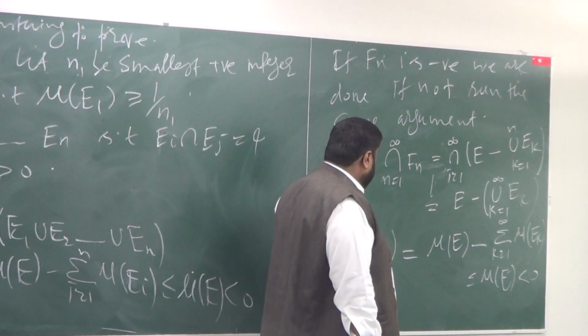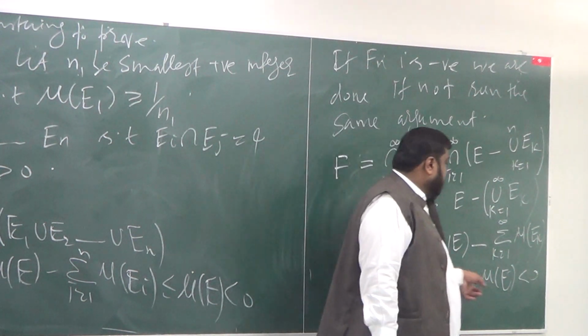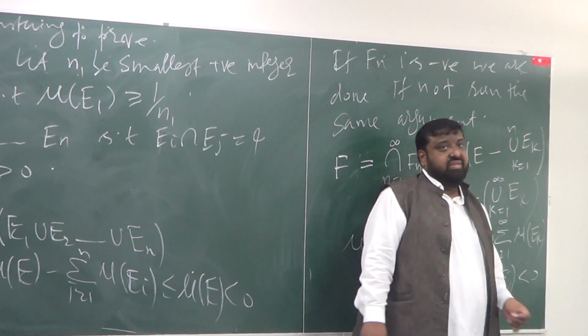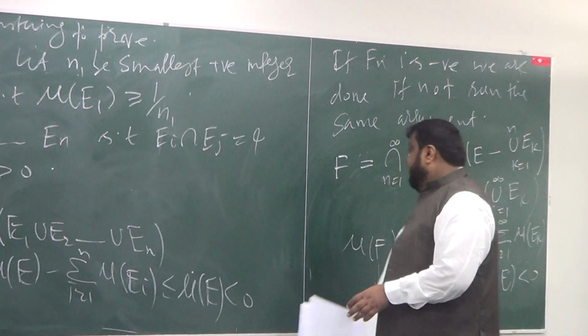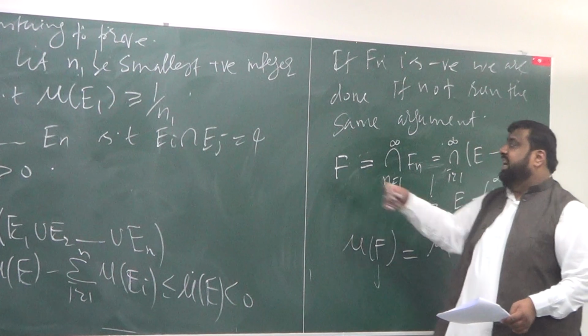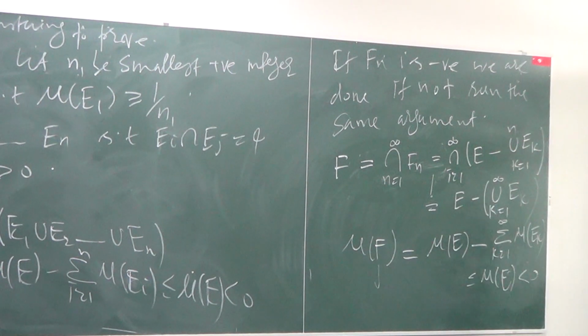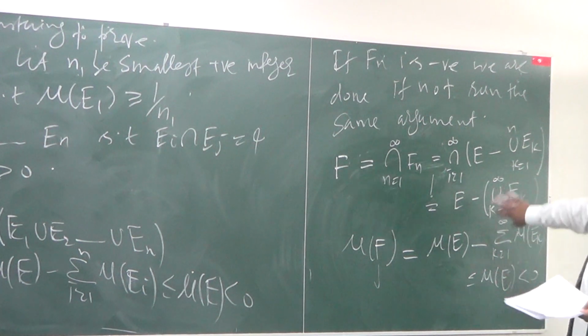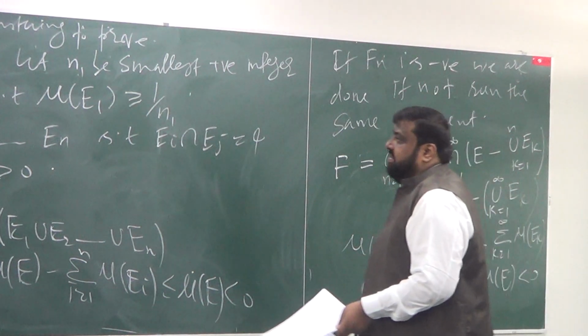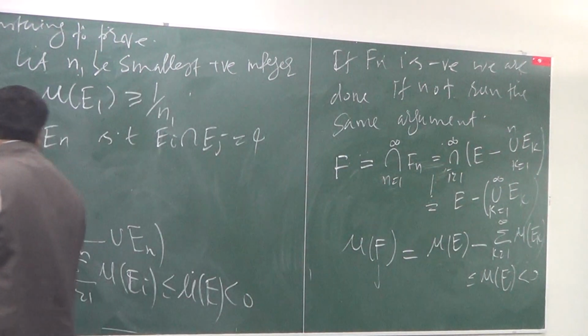And if you compute the measure of F, it also turns out to be negative. The claim is that with this F, you have removed all positive parts from the given set, and hence this is the negative set.